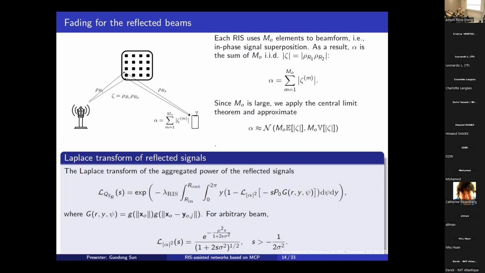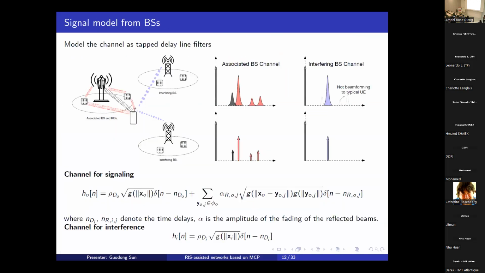It's more about if you have several paths in your model, propagation paths. The power of the path reflected by a true wall is usually enormous compared to the propagation path reflected by a RIS.